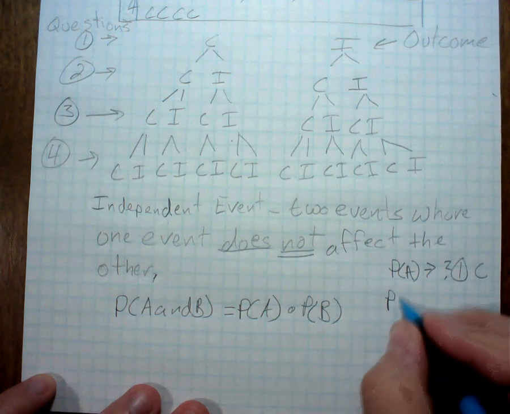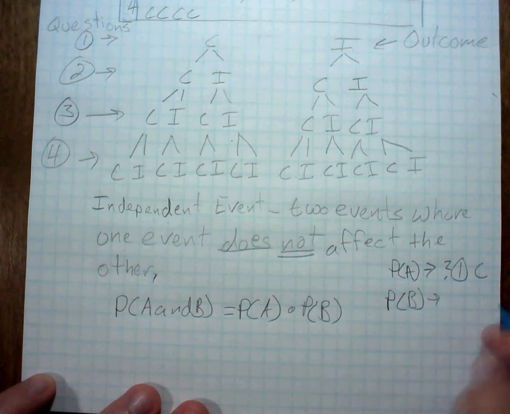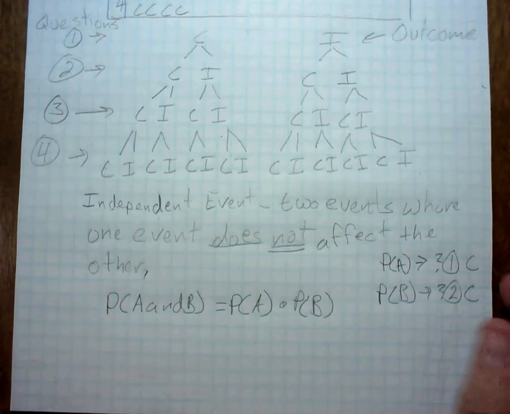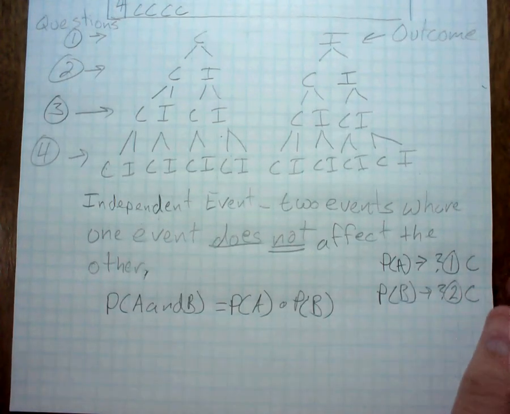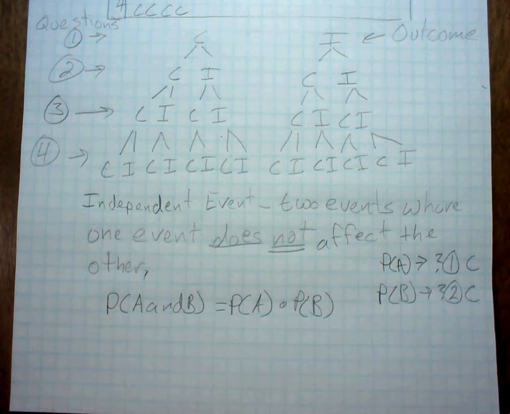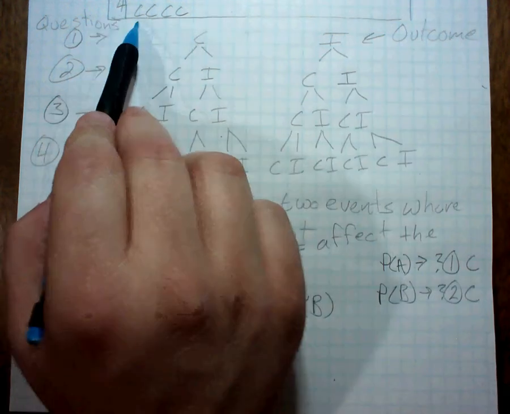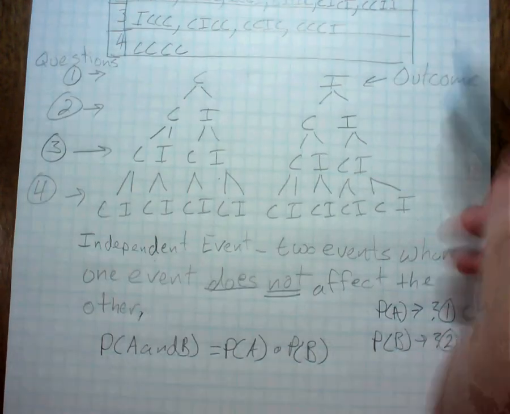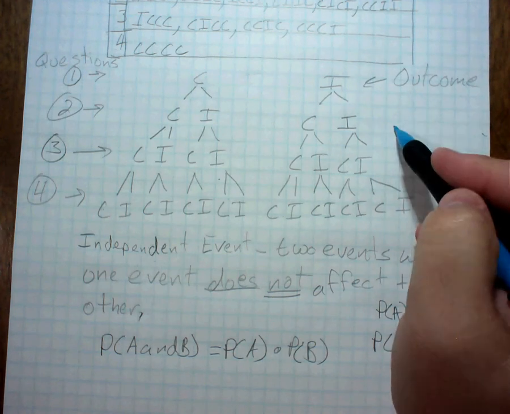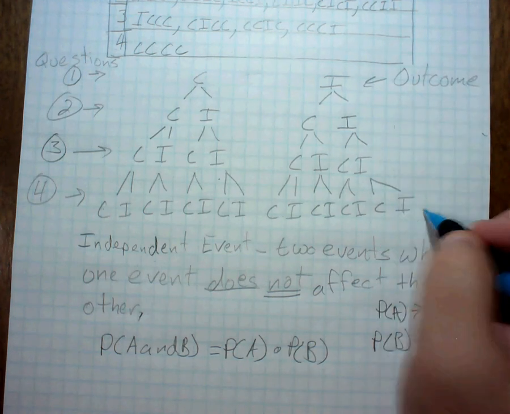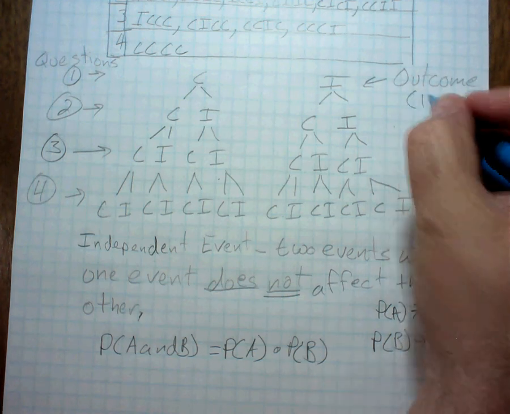The probability of B is question 2 correct. We can determine if they're independent by looking at the sample space. In our sample space, remember from yesterday, we have 2 possibilities times 2 times 2 times 2, so our total outcomes was 16.